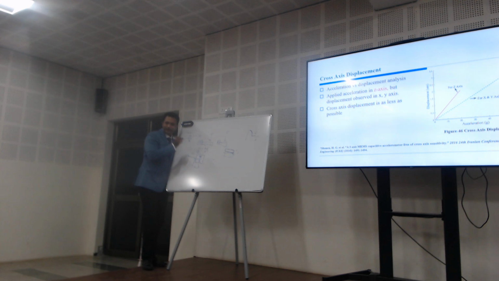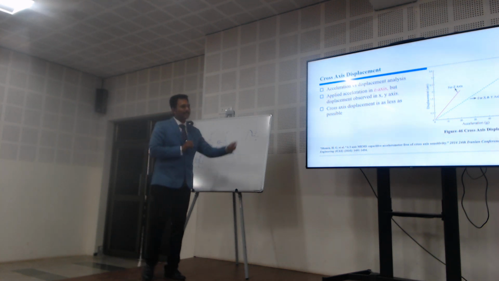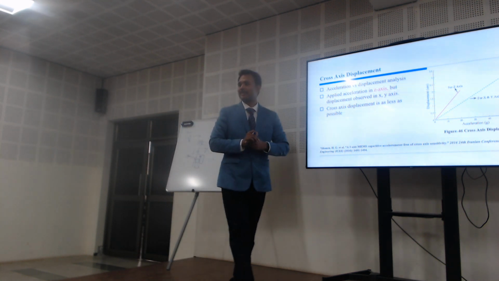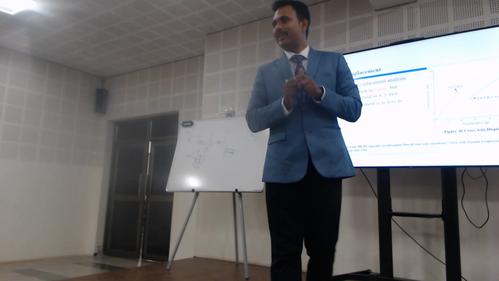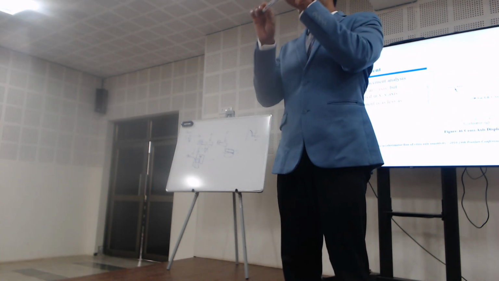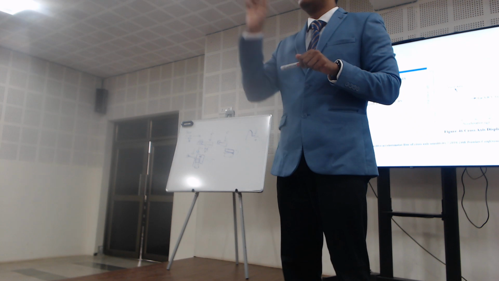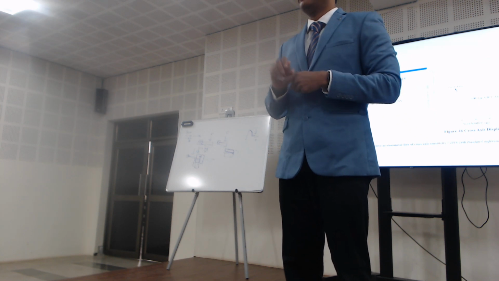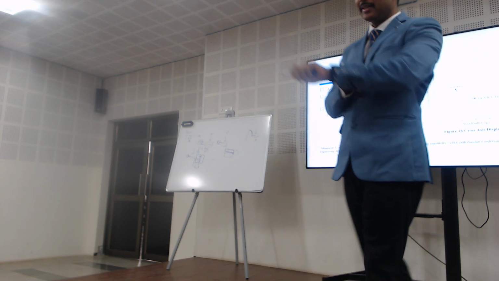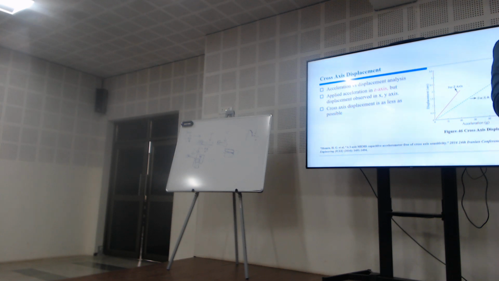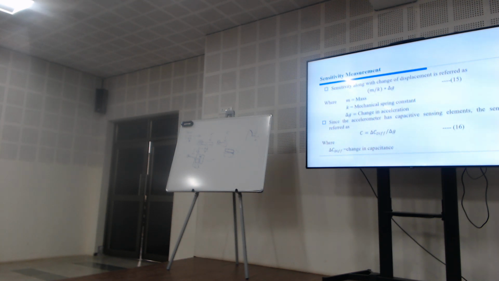So whenever we are going to design this, the next parameter is cross axis distance. When it is going in this direction, whether it is moving in any other direction or not, that also we have to consider. So that becomes cross axis displacement, or sometimes it can come as cross axis sensitivity also.